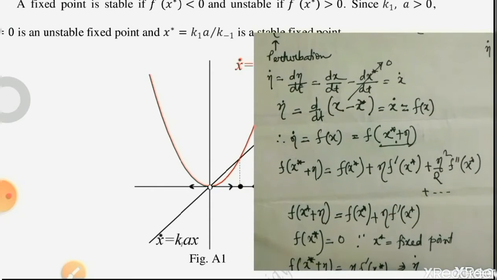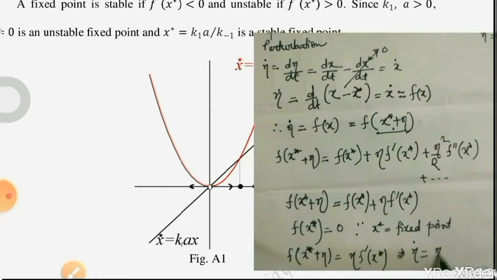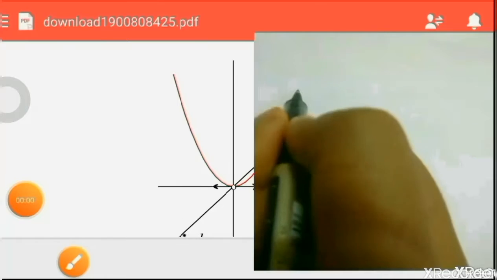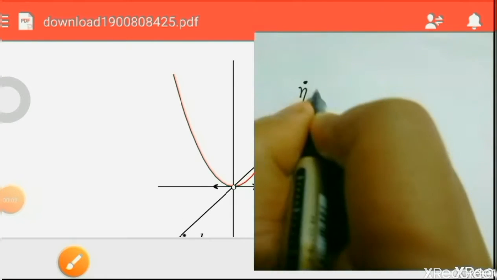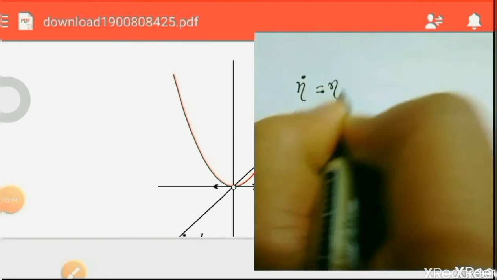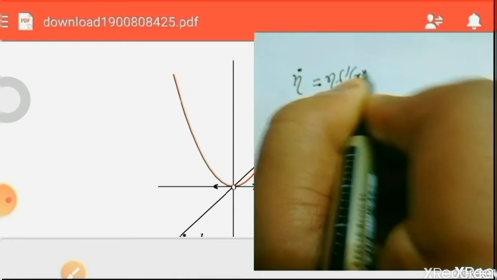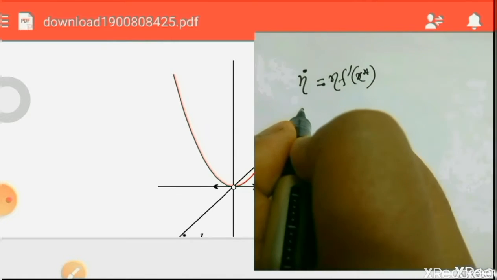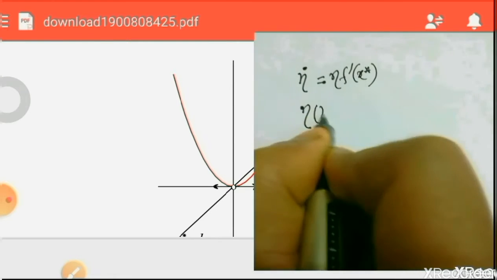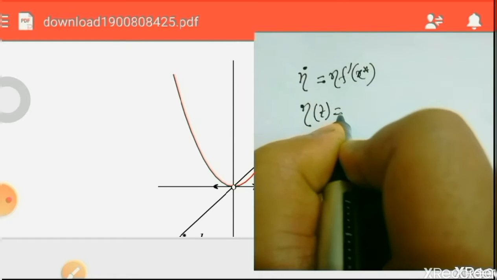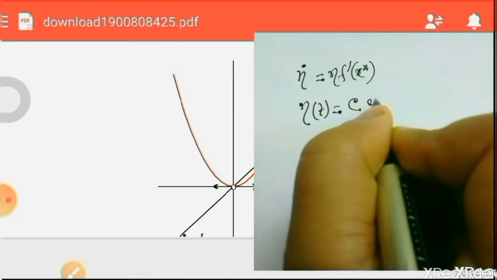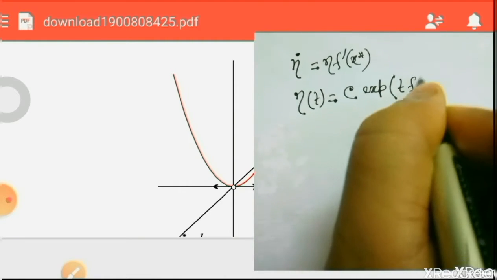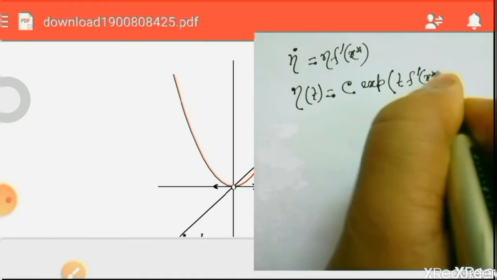Therefore eta dot equals eta f prime x star. If we integrate this, we obtain eta as a function of t equals some constant c times exponential of t times f prime x star.